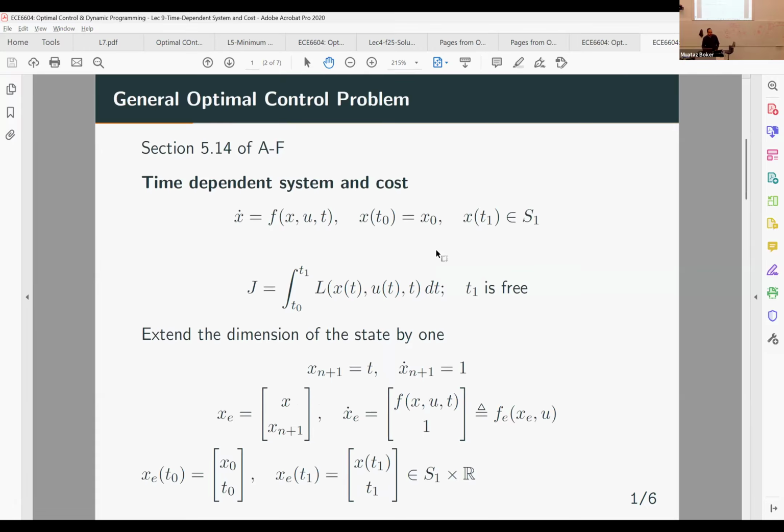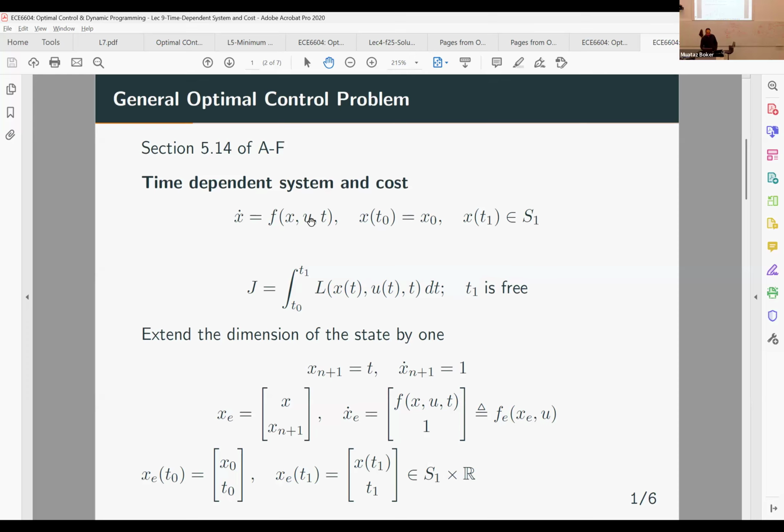I forgot to stress this, right? That not only are we considering in this case t appearing explicitly in the system dynamics, but it's also appearing explicitly in the cost. So it's appearing here and here explicitly, okay? Or it could be one of them. If it appears either here or in both, that's the same situation.